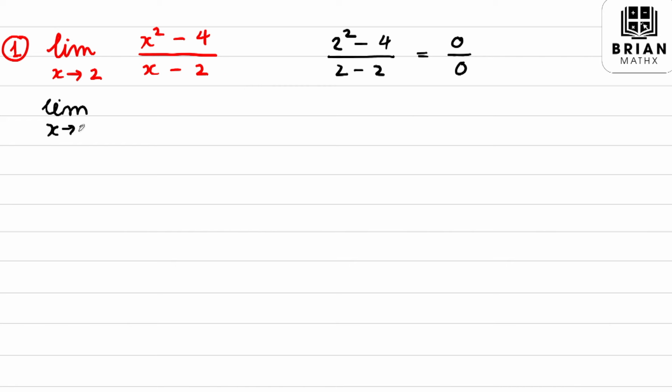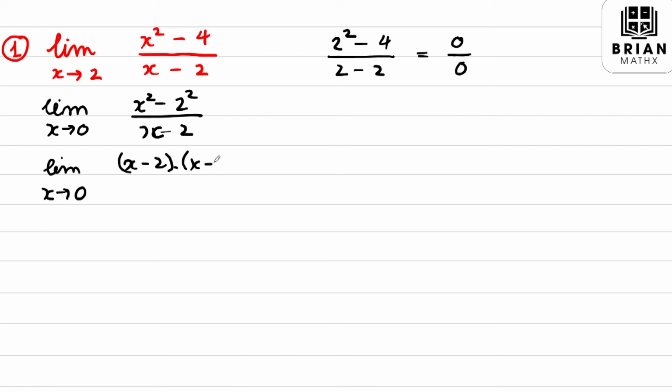The limit of 0 over 0 form has to be cancelled by the factorizing method. So x squared minus 4, I will write down as x squared minus 2 squared, divided by x minus 2 in the denominator. The next step, I will separate x squared minus 2 squared into x minus 2 multiplied by x plus 2.